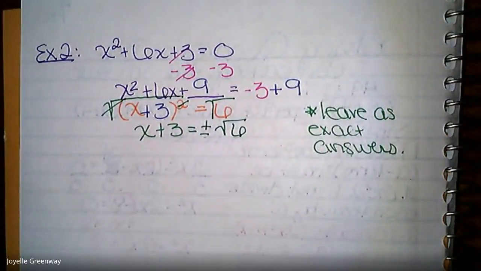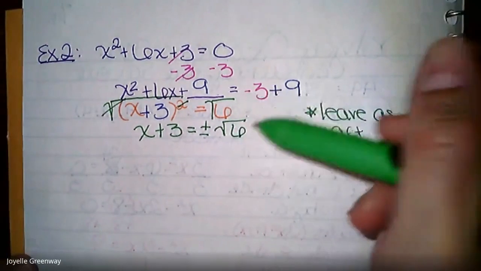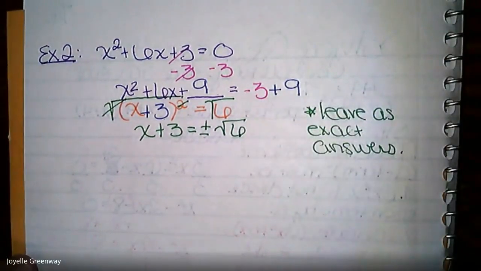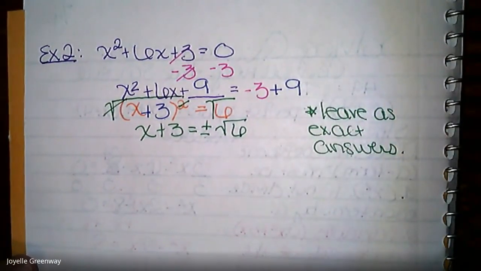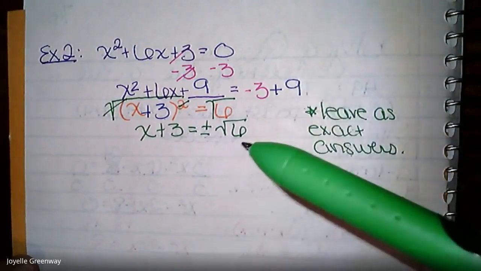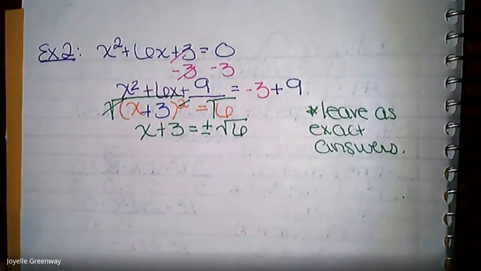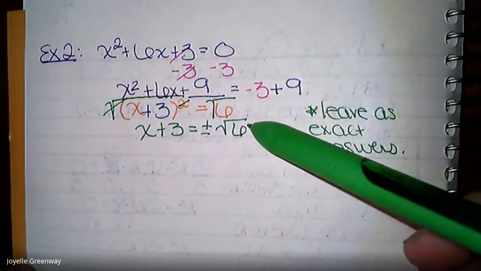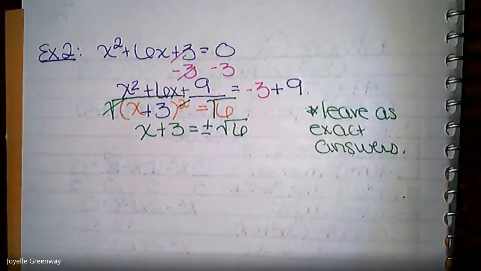Your radicals! Oh my gosh, remember when we did this all the way back in September? Yay, here they are. And yes, you want them to be the most simplified version that they can be. So that's why we spent a lot of time rationalizing or simplifying radicals. So radical 6 is as simple as that gets.